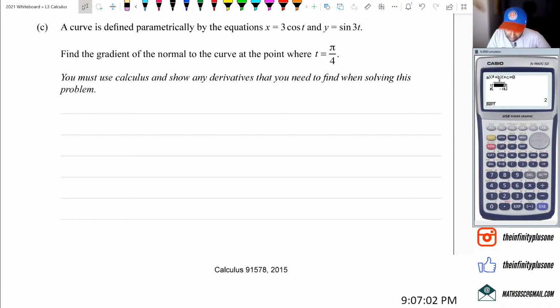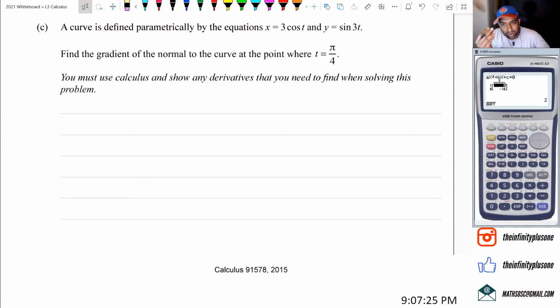For this question, we've been given a curve, x and y, and we've been asked to figure out what the gradient at pi over 4 is. So all we've got to do is differentiate both x and y, put it into dy dx, and you're pretty much good to go.